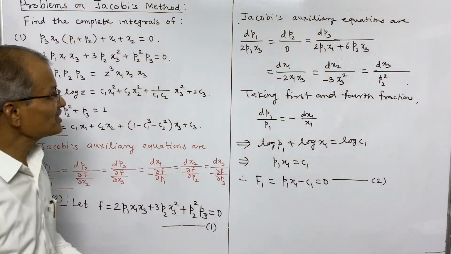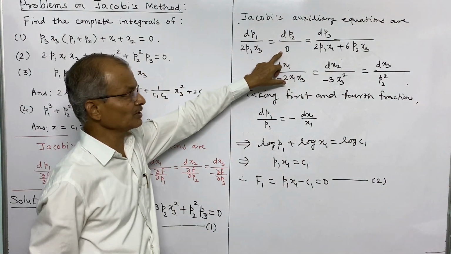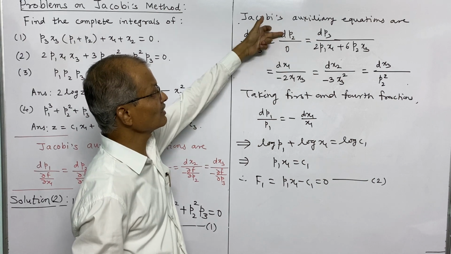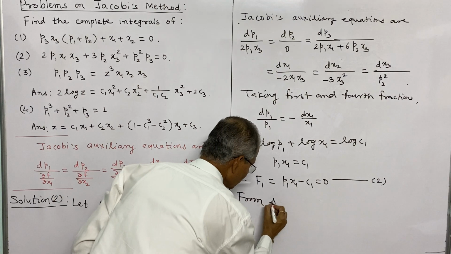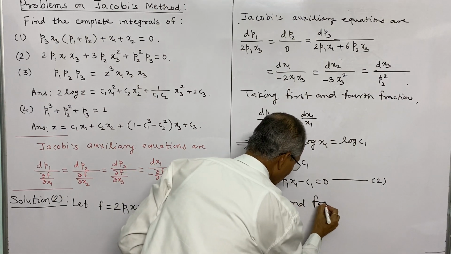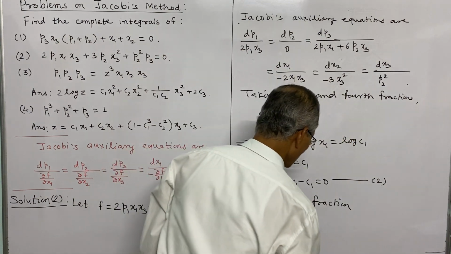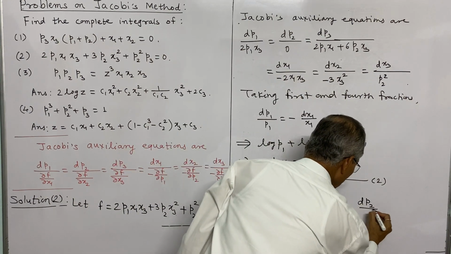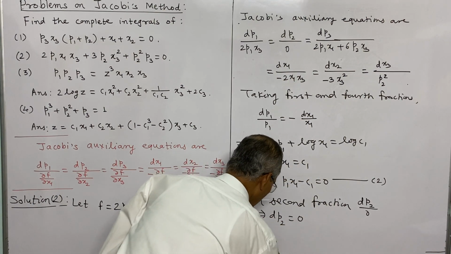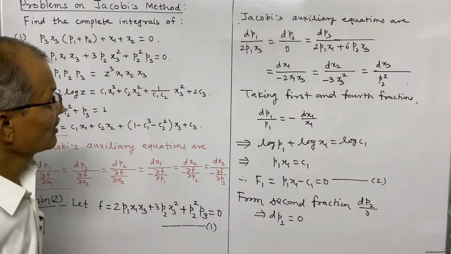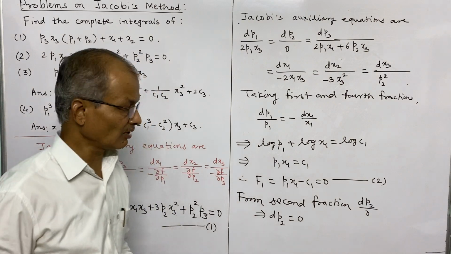Now we may see the second fraction. The denominator is 0, and whenever in the ratio or fraction the denominator is 0, that implies the numerator is 0. From the second fraction, what we have is dp2 divided by 0, and that implies dp2 is 0, or this implies on integration that p2 is equal to 0 plus a constant.